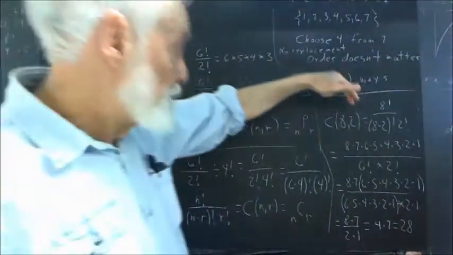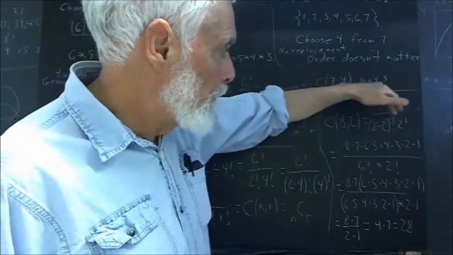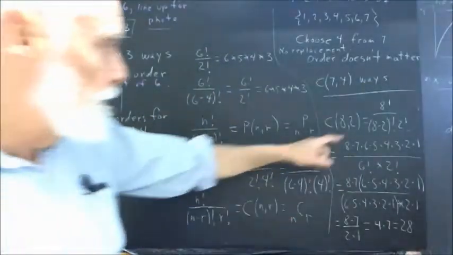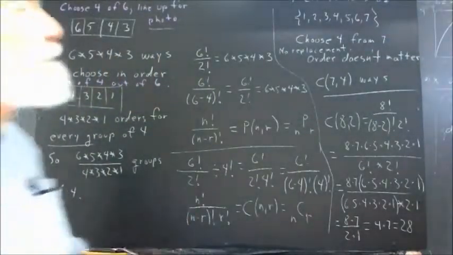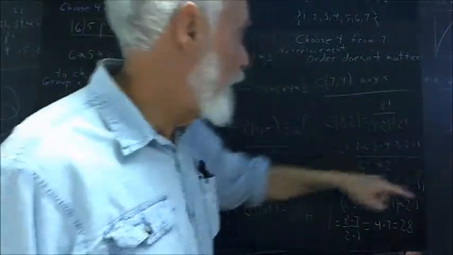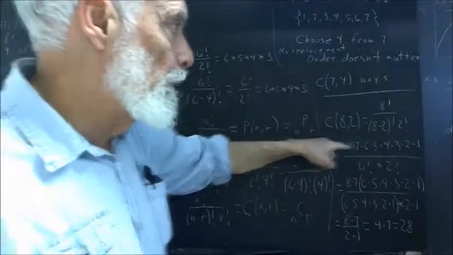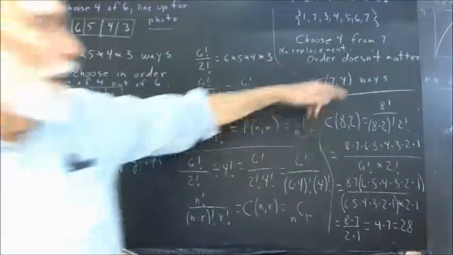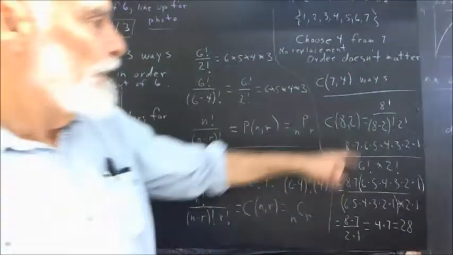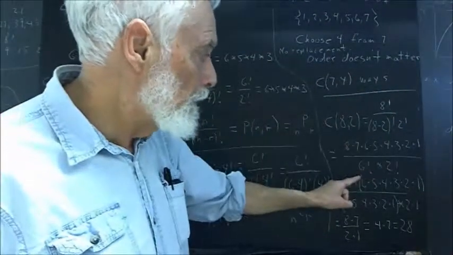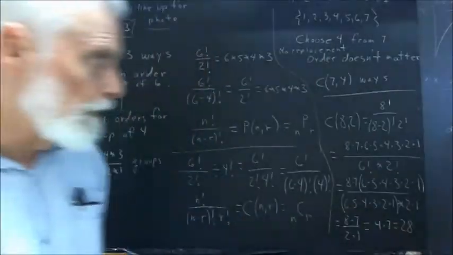C of 8, 2: 8 factorial over 8 minus 2 factorial times 2 factorial, just putting in the 2 where we see an r, putting in the 8 where we see an n. Then we expand that. I chose to first expand the numerator, 8 factorial, 8 down through 1, multiplied together. And then 8 minus 2 is 6, so we have 6 factorial, and then we have 2 factorial.